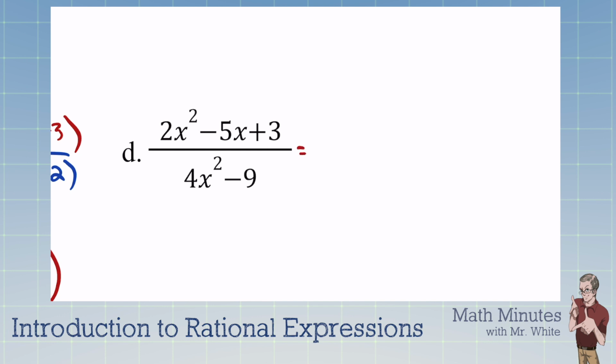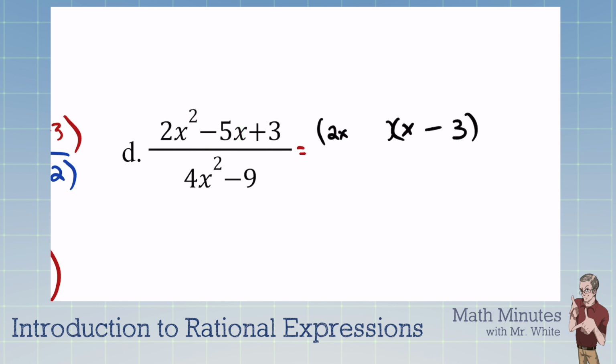All right, so the top does not have a greatest common factor. You see how this is an even number, 2, 5, 3. They're all prime numbers, and they're not even, of course, if they're prime. So really, I got to just hope that just maybe it's 2x and x. That's the only way to make 2x squared. And if I put a 3 here, I get my 6 on the outside, and 6 minus 1 can make 5.